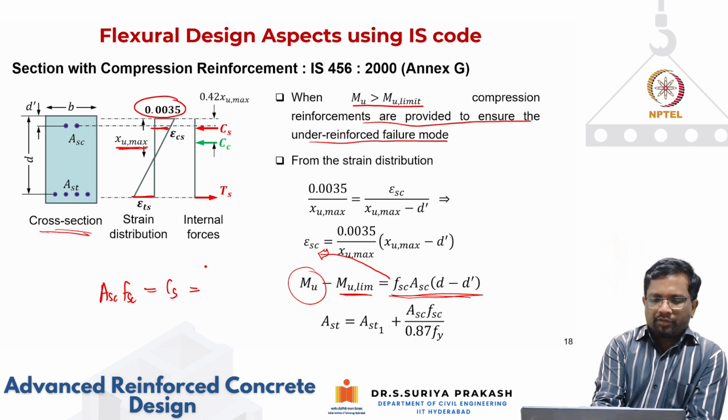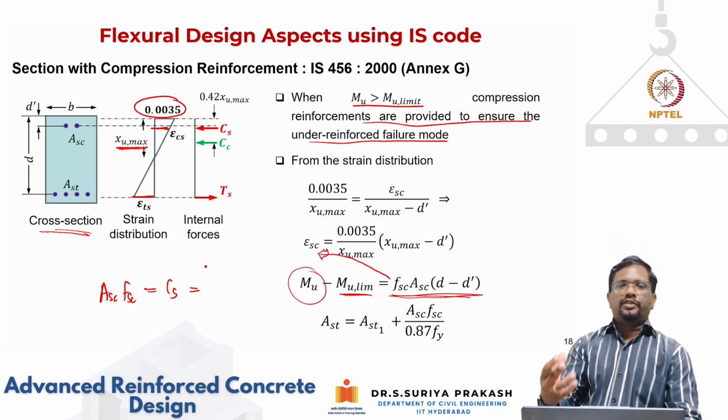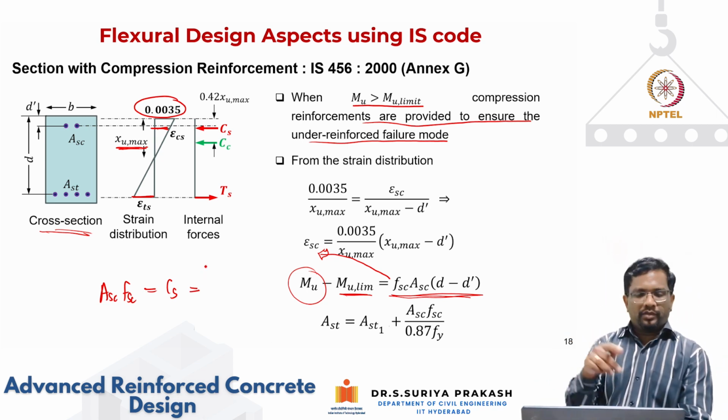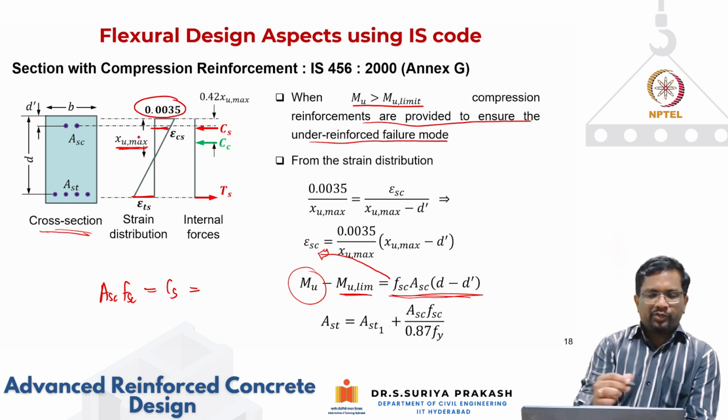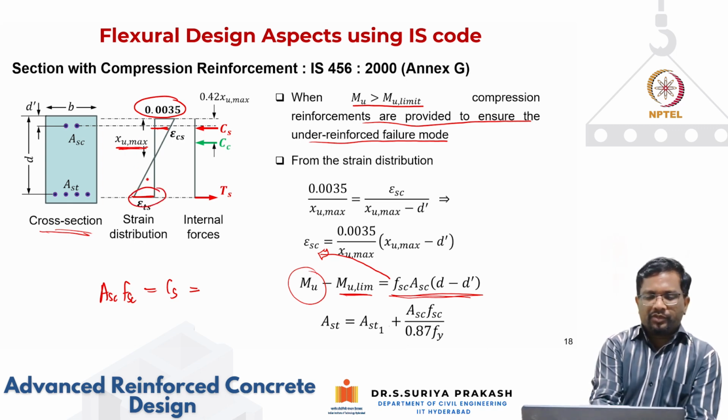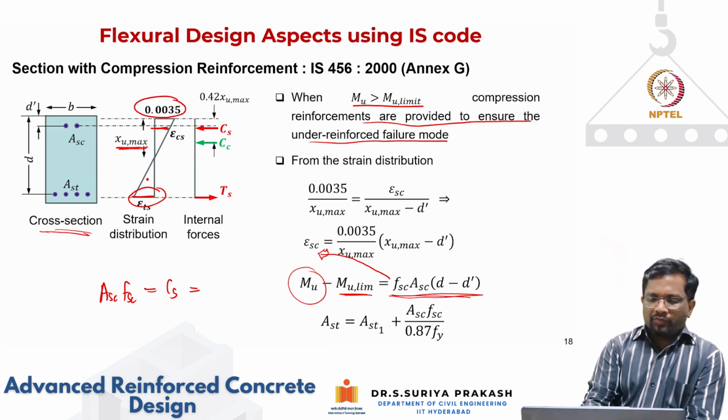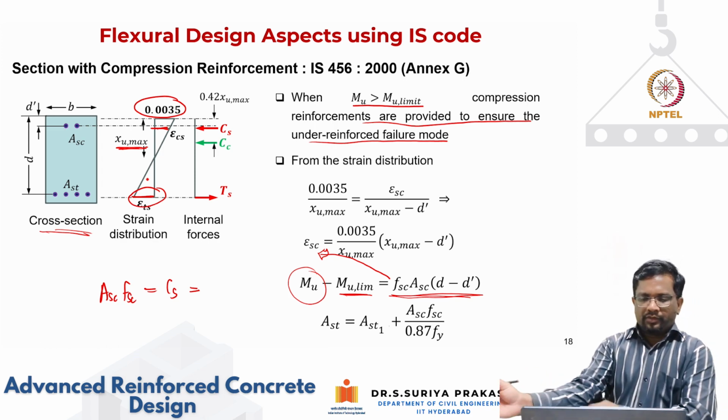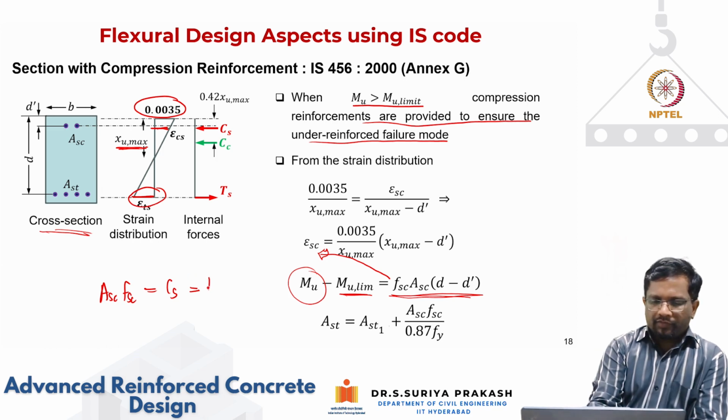This should be equal to the additional steel I should provide on the tension side. Now that I have kept this Xu max, the steel is going to reach yielding strength. So that should be equal to my Ast1 times 0.87 fy.